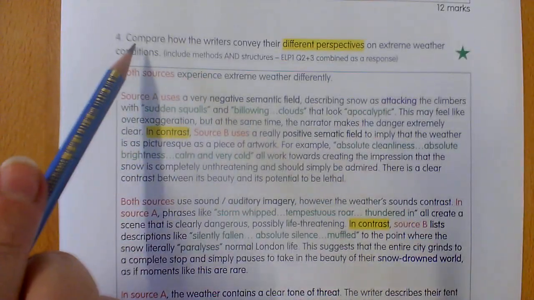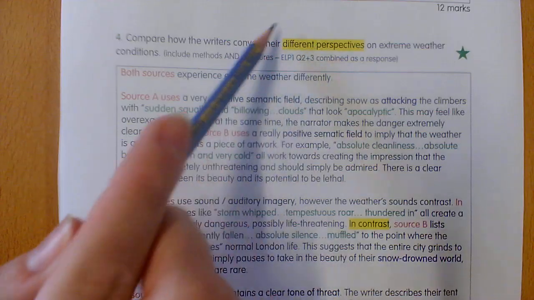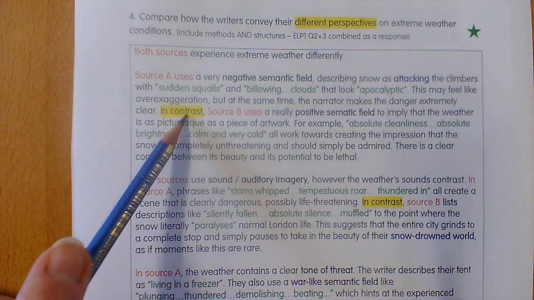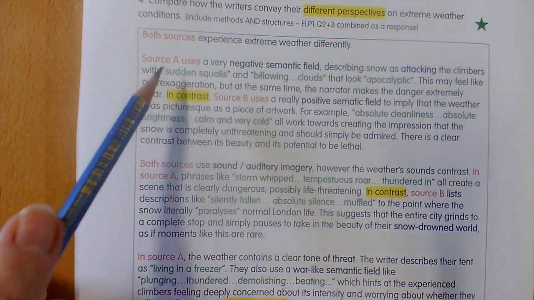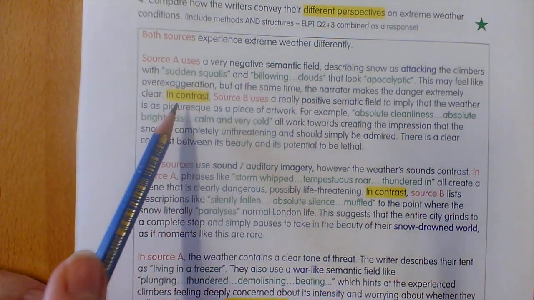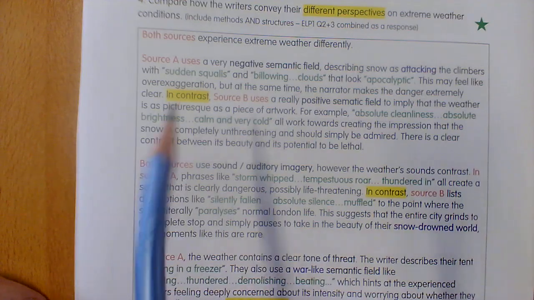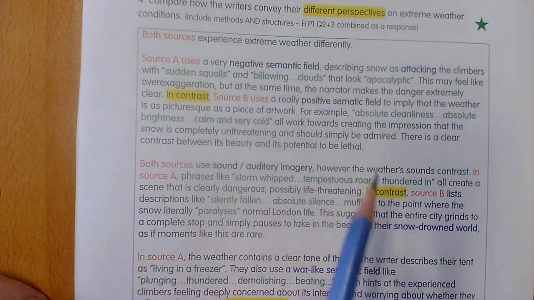So because the question says, compare how the writers convey different perspectives, I'm going to show that they're contrasting. So in every paragraph, I'm going to go, source A says something or other. This contrasts with source B, which says the opposite. And I'm going to contrast the methods.